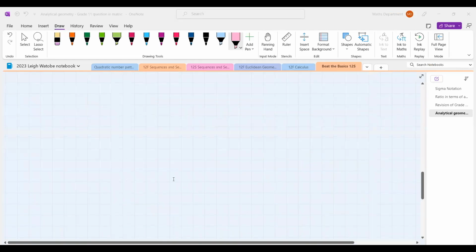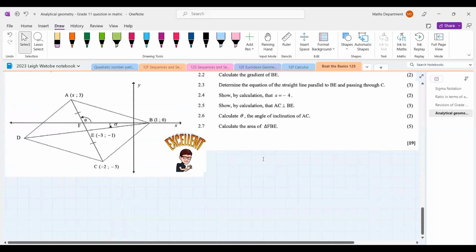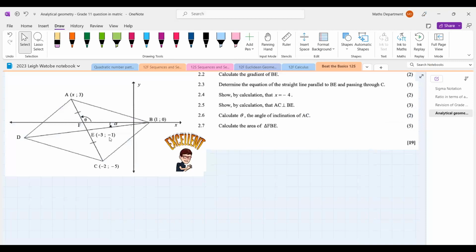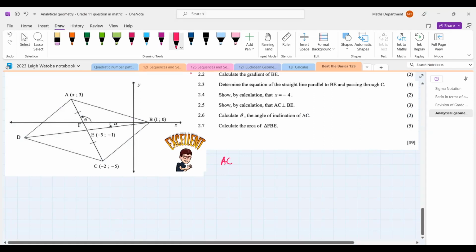Okay, so this is what I did, Pinga, for 2.7. Let me just show you on my pen here. Pinga, I worked out the equation of AC, and I got that to be y equals minus 4x minus 13.